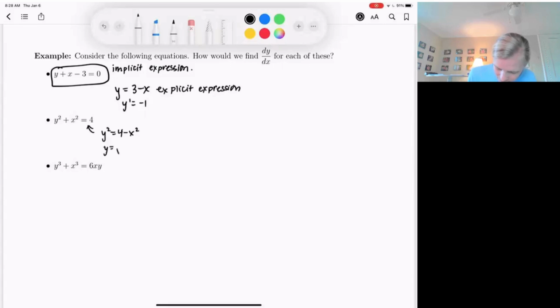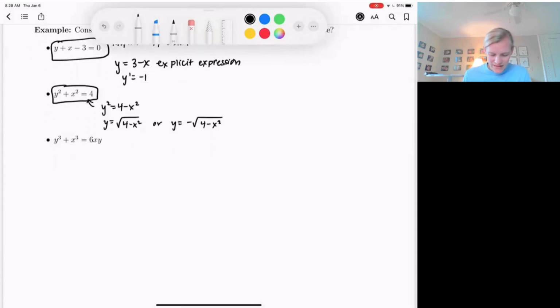So y is the square root of 4 minus x squared, or negative square root of 4 minus x squared. This one's a little messier than the first one because I start out with a single expression and I get two different expressions for y. So if I wanted to take the derivative of y, I would have to take the derivative of both of these. It might be easier if I could leave the expression like this and just take the derivative instead of having to rearrange things first.